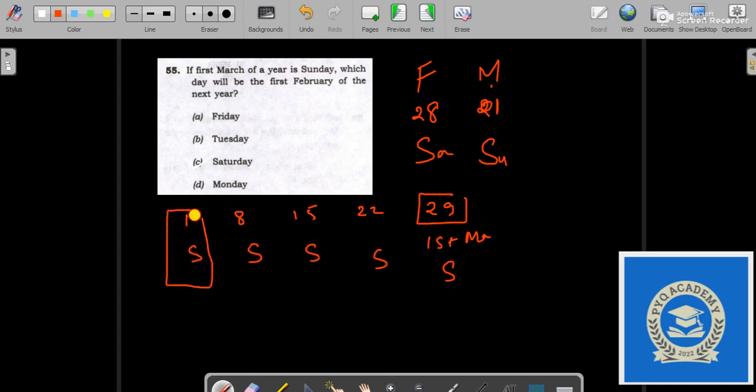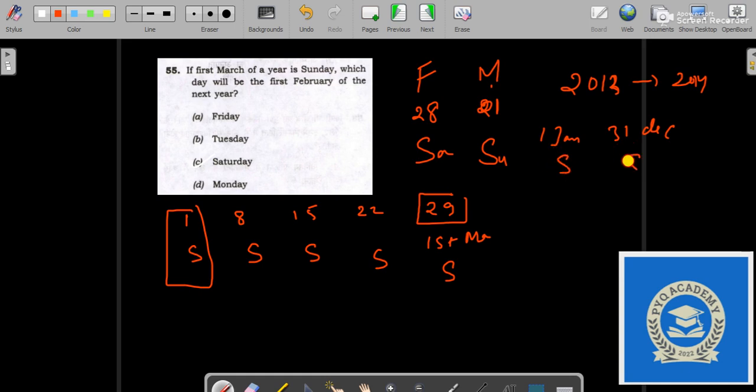One thing we know is that in a normal year, suppose it was 2013, then in 2014 one day will shift, because 1 Jan and 31st December are the same day.